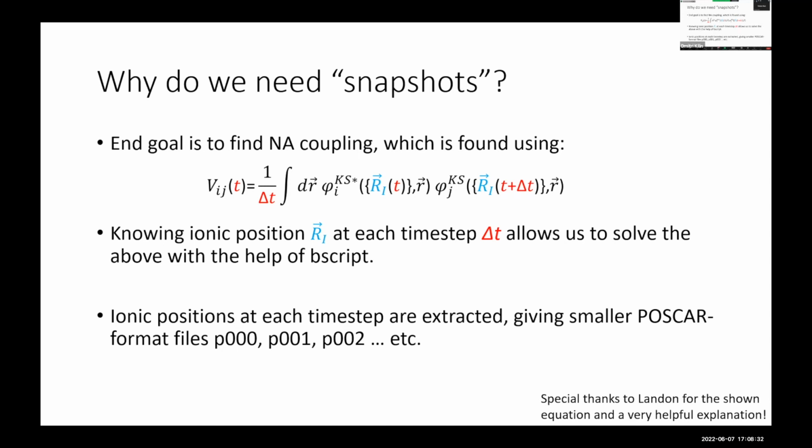As you can see, it's p000, p001, and it goes up to p999 for 1,000, for example. And once we have the ionic position at each time step, we can solve for the non-adiabatic coupling with the script, which again will be covered later.